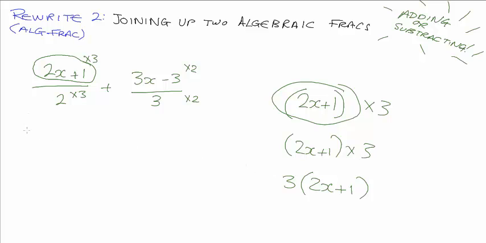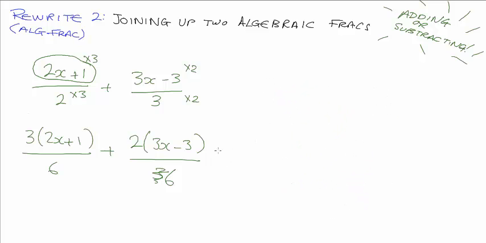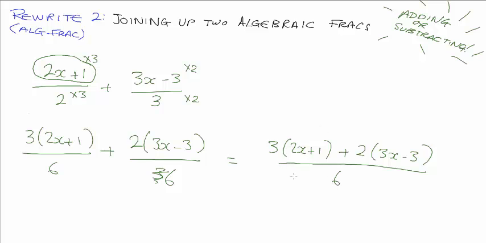So this becomes 2x plus 1 over 6 plus 3x minus 3 over 3, over 6. You can either add these together now, or you can expand this stuff out.